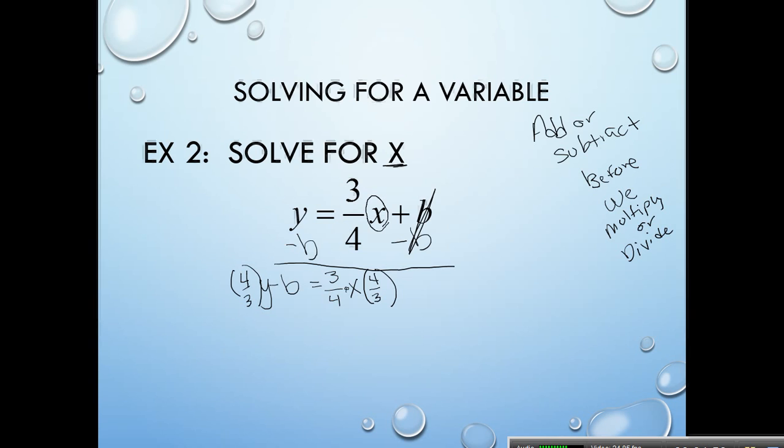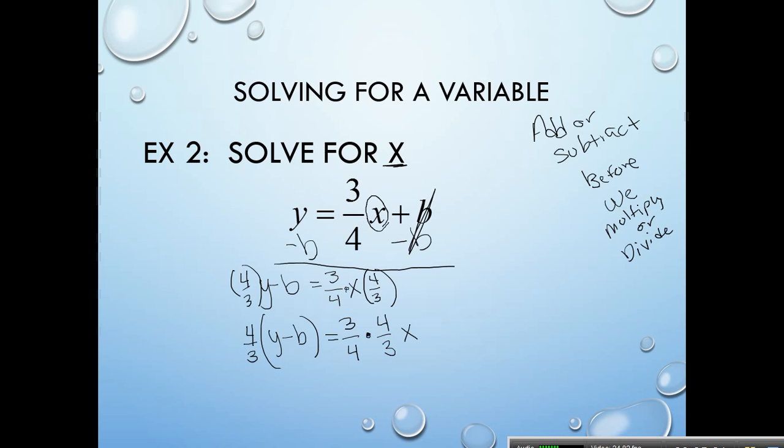So I have 4/3 times everything inside. I need to do 4/3 times y minus b. These parentheses say 4/3 needs to go to both of them. Then I have 3/4 times 4/3 x.